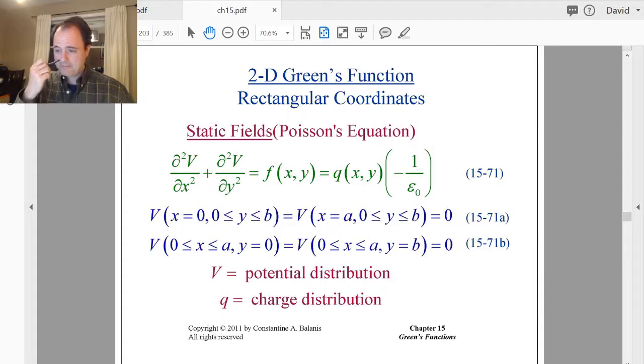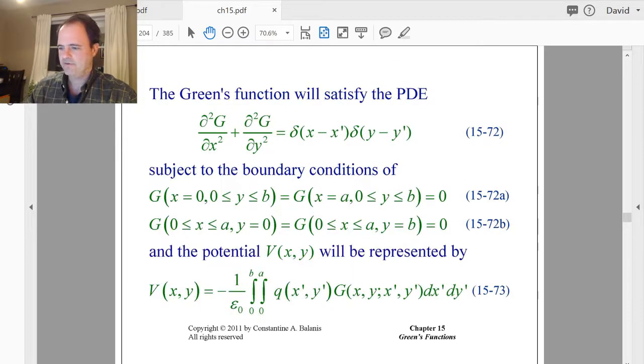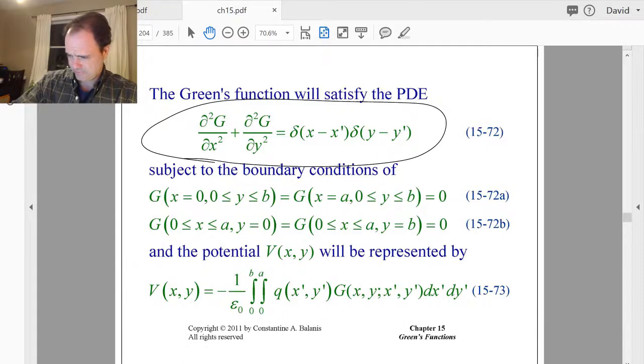So we can start with an example of 2D Green's functions. Again, the static fields. So this is what we have for the static fields, where V is a potential distribution and Q is the charge distribution. The Green's function will satisfy, of course, this equation here, where we replace the right-hand side with the Dirac delta functions.